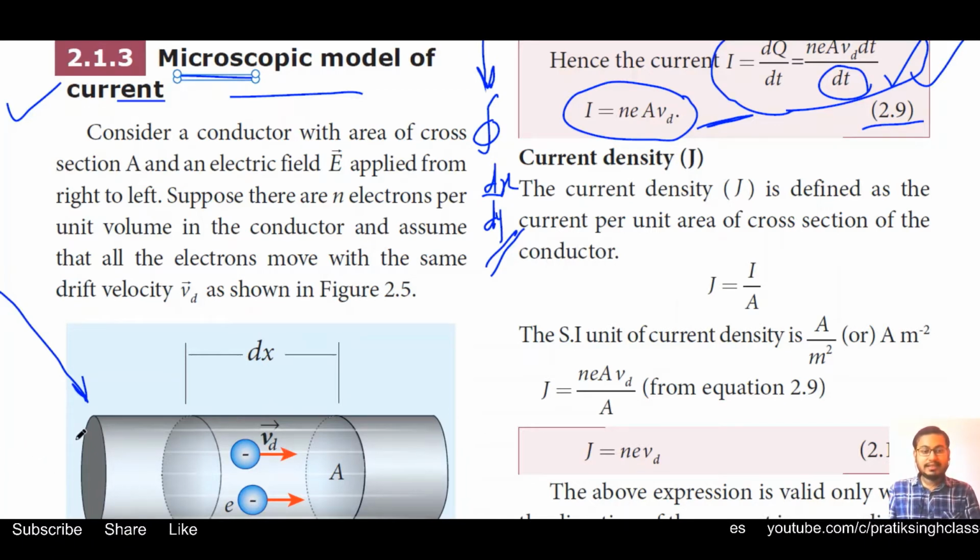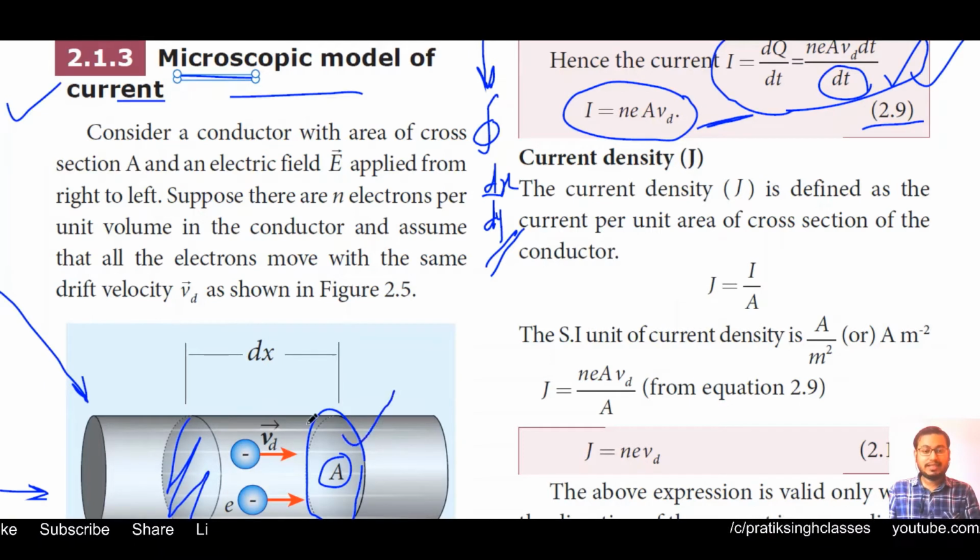This is not a cylinder; this is a cut view of a conductor. Just suppose a cylindrical wire of long length. This region is the cross-sectional area of this wire, given as A, and this is another cross-sectional area.